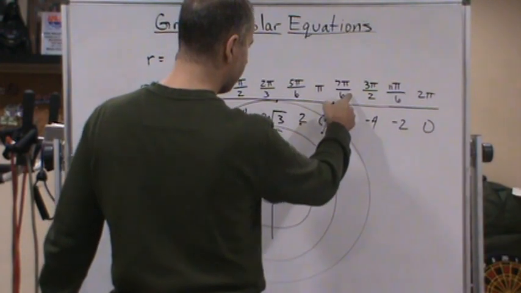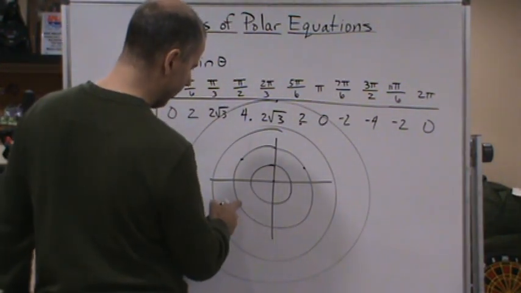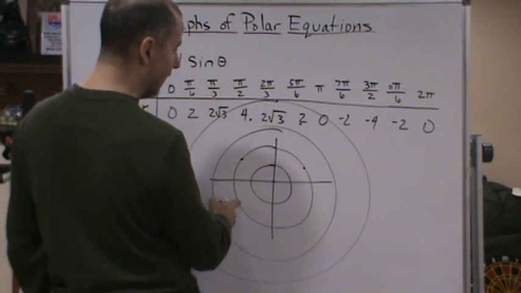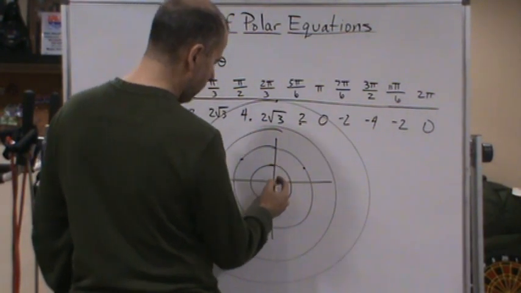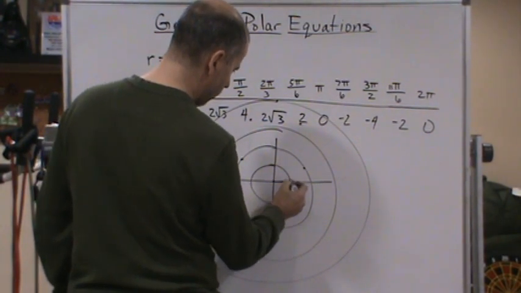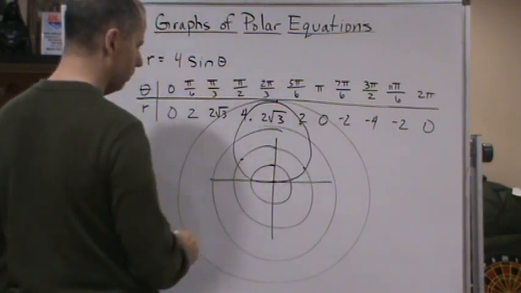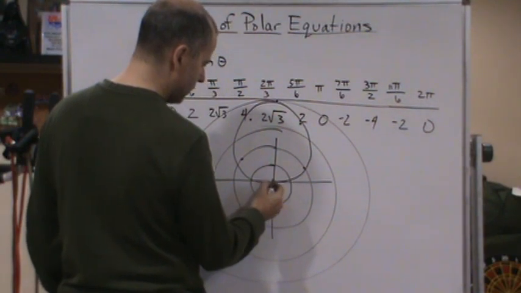But then at 7 pi over 6, which is over here, we're going negative 2, which brings us right back over here. So what's going on is we end up having a circle that touches here.